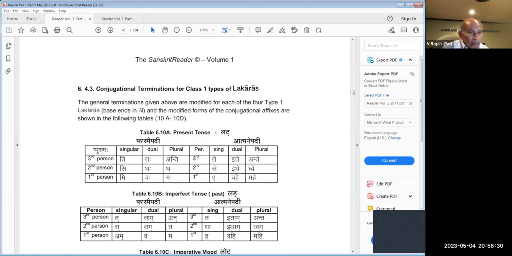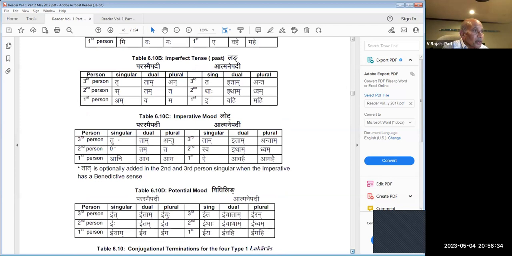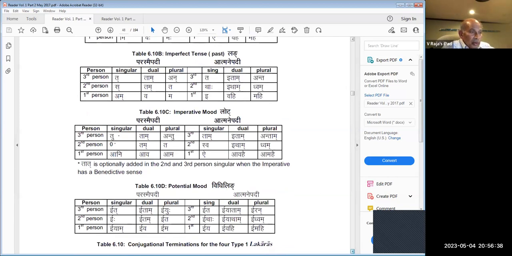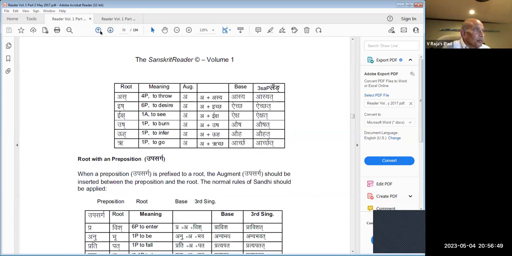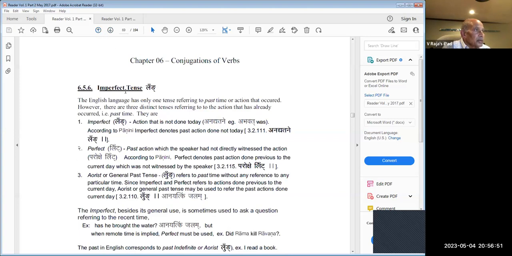But where it becomes difficult is, I gave you a whole bunch of examples here, not here. I think 67. Imperfect here on 68.